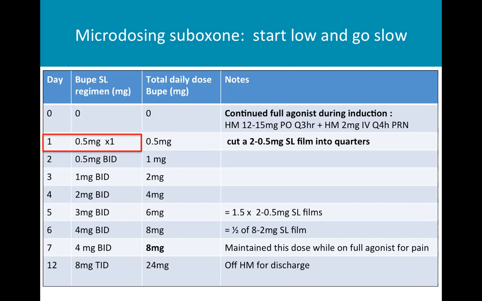One thing that I'll note about this inpatient regimen is that to get to the 0.5 milligram buprenorphine dose, it does require cutting the Suboxone strips. And that caused some safety reports because nursing appropriately noted that on the film package, it says, do not cut the strip, even though we know that it's safe and that people do that.